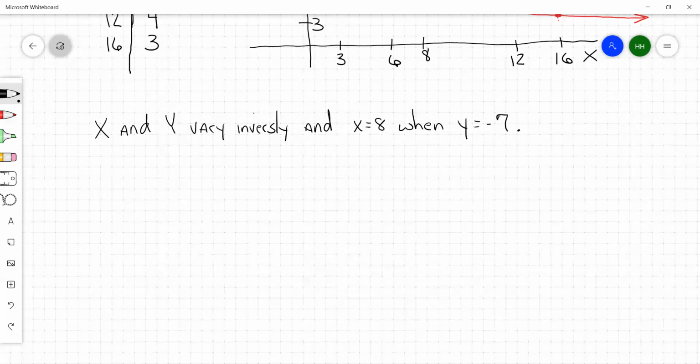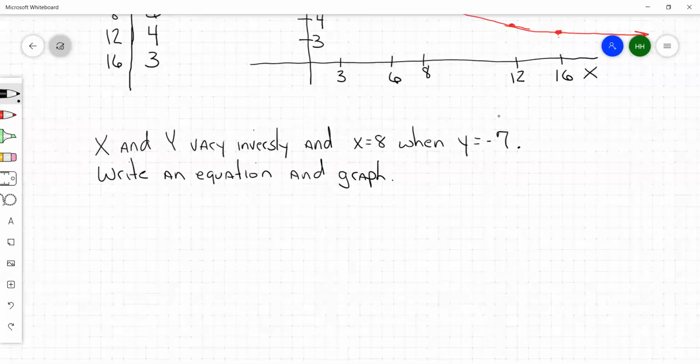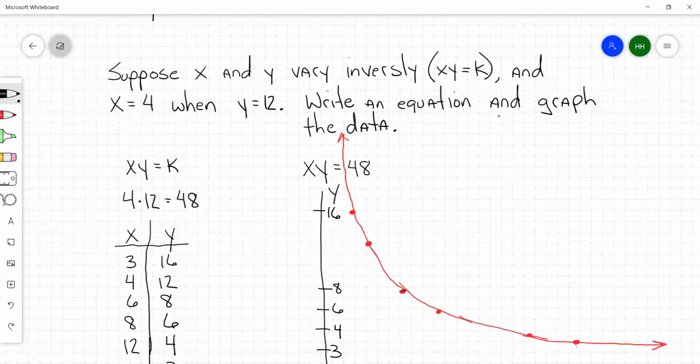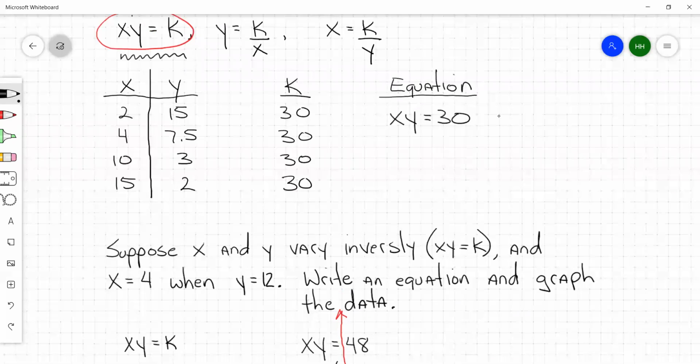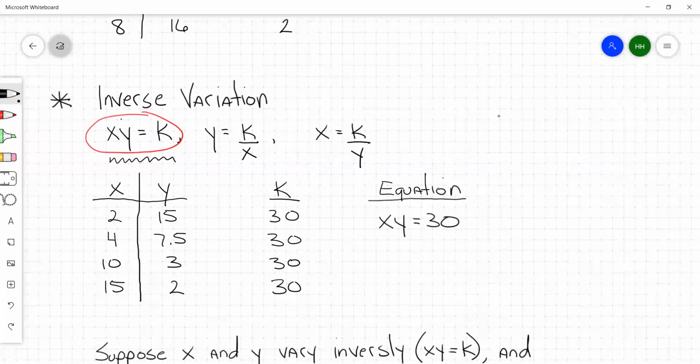So write an equation and graph. If they're telling you that it's inverse variation, then your equation is going to be x times y equals k. So watch, we go here.